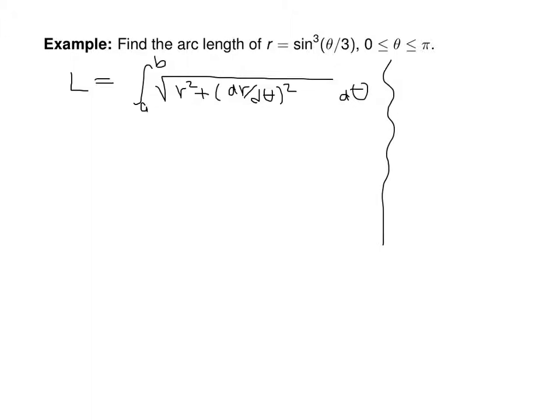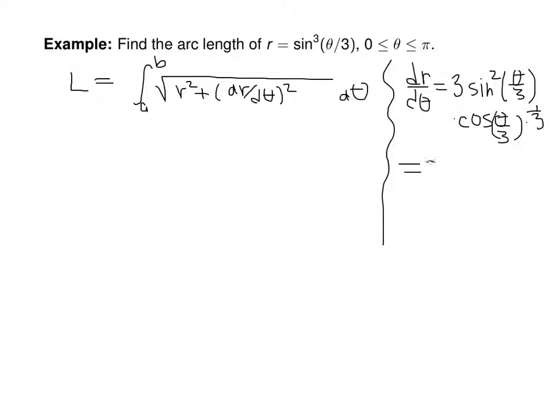So now in this case, dr d theta will equal 3 sine squared of theta over 3 multiplied by cosine of theta over 3 and then times 1/3, or it will be sine squared theta over 3 cos theta over 3.